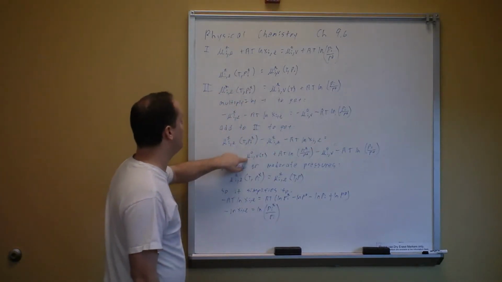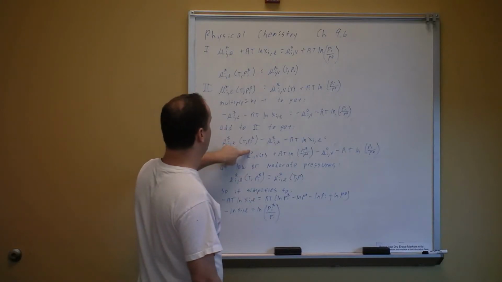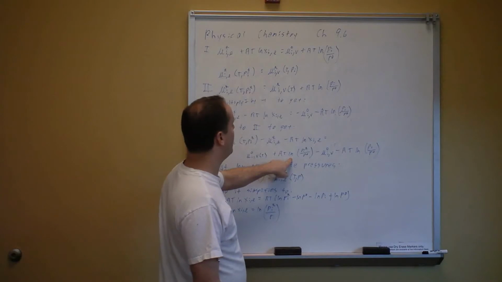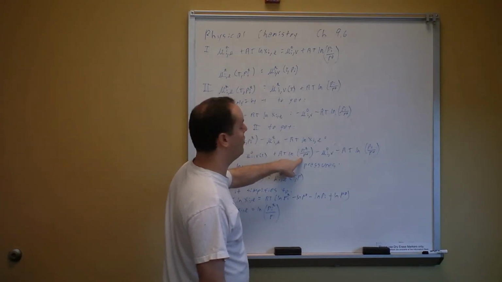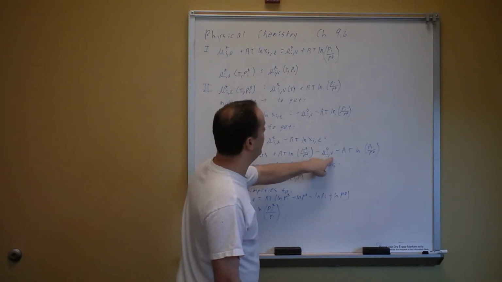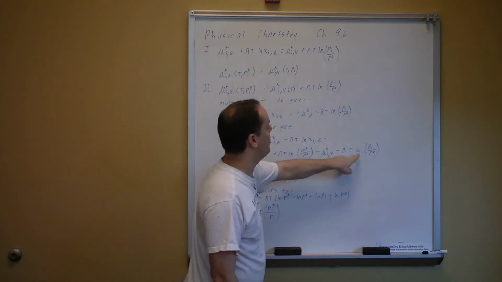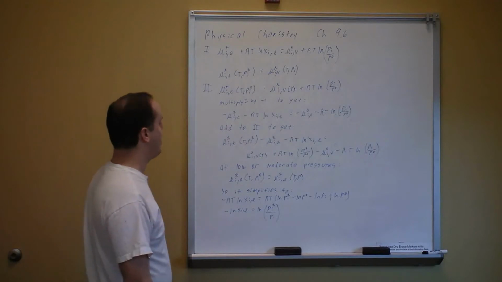All that is equal to mu sub I in the vapor phase at the specified temperature, standard state though, plus R times the absolute temperature times the natural log of the partial pressure of I unmixed divided by our standard pressure of 1 bar, minus the chemical potential of I in the vapor phase at standard state, minus R times the absolute temperature times the natural log of the partial pressure of I divided by P naught.